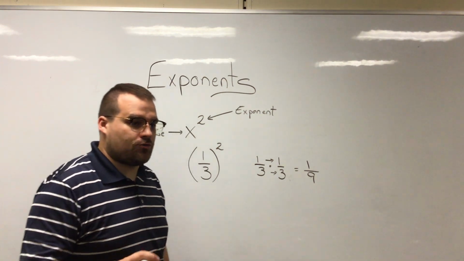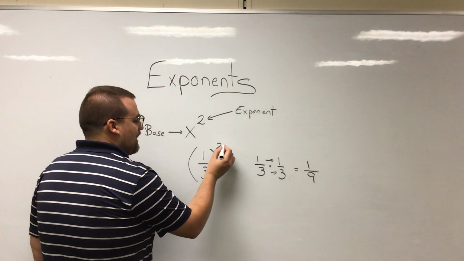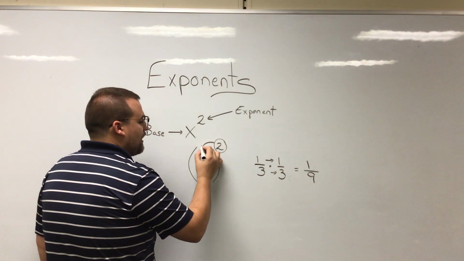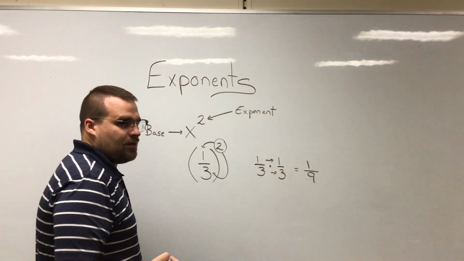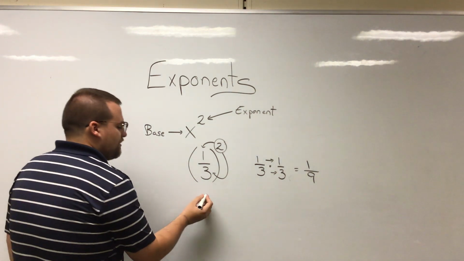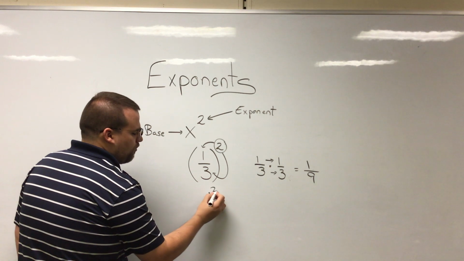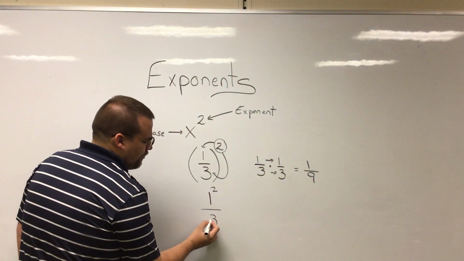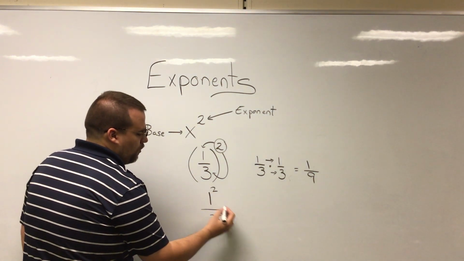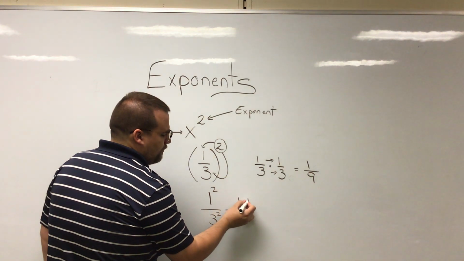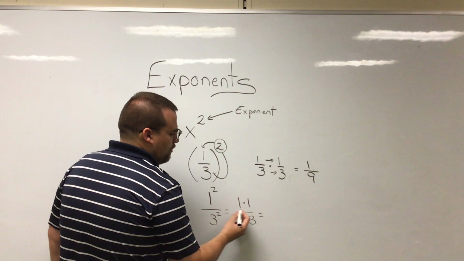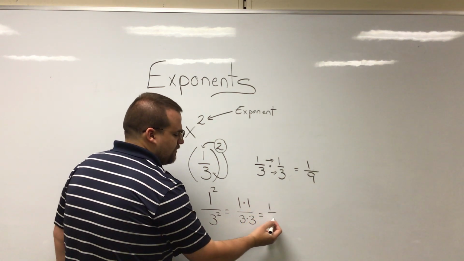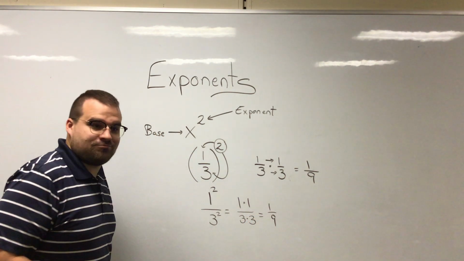There is another way that you can do exponents with fractions, though. What we could do is actually take this exponent and apply it to the numerator and the denominator, meaning that we could instead see this written as 1 squared over 3 squared, or 1 times 1 over 3 times 3. 1 times 1 is 1, and 3 times 3 is 9, right?